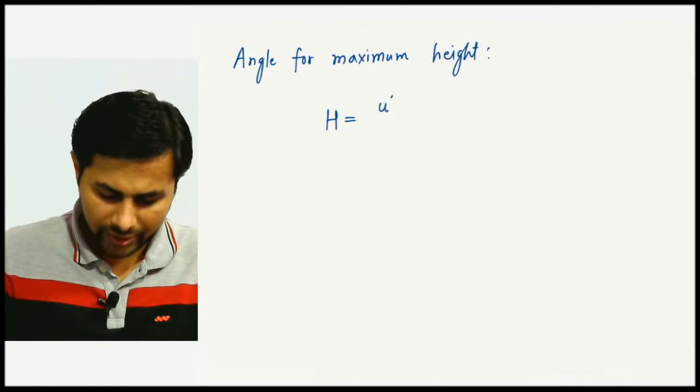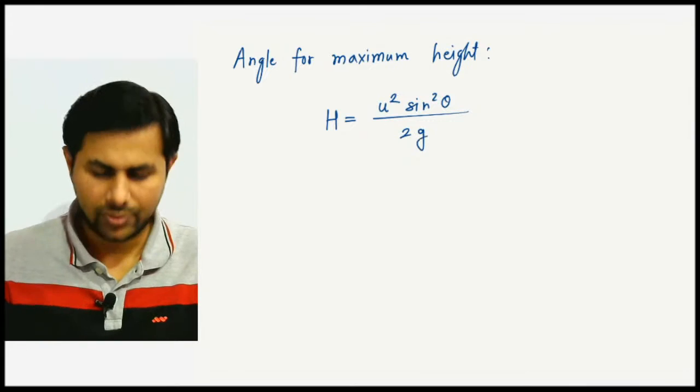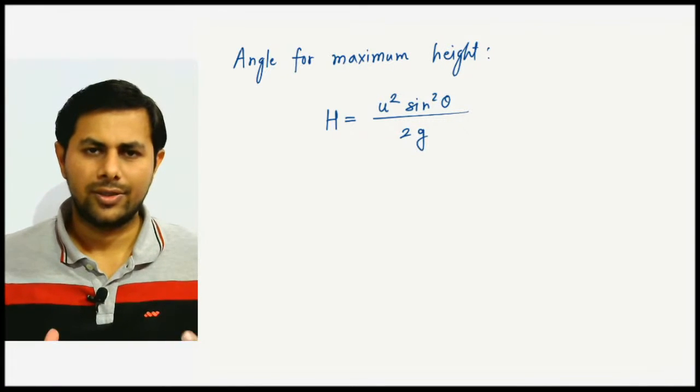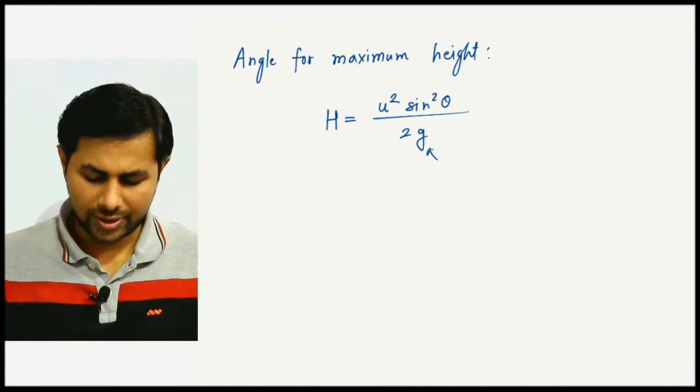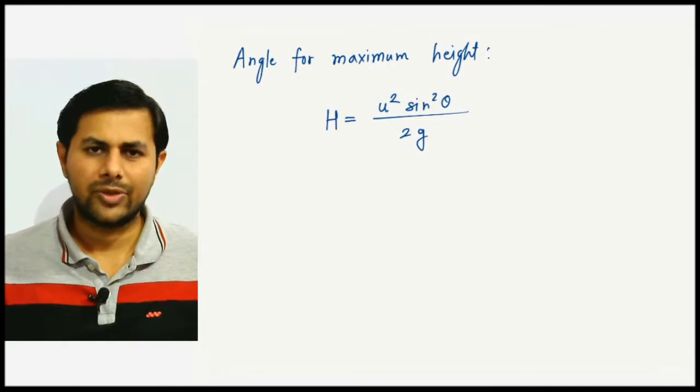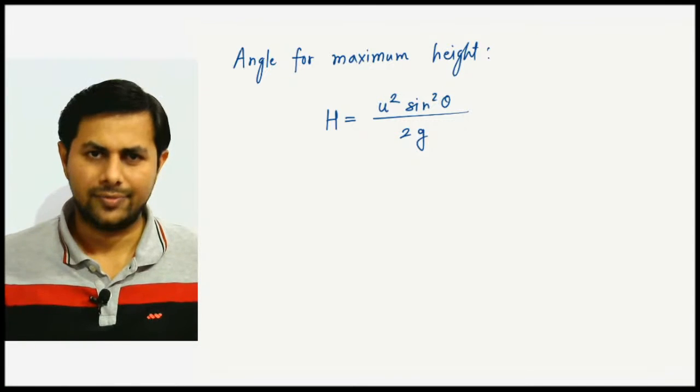It is u squared sin squared theta divided by 2g. In this equation, u is constant, the initial velocity of the projectile is constant, g is constant. So the only variable thing in this equation is the angle.